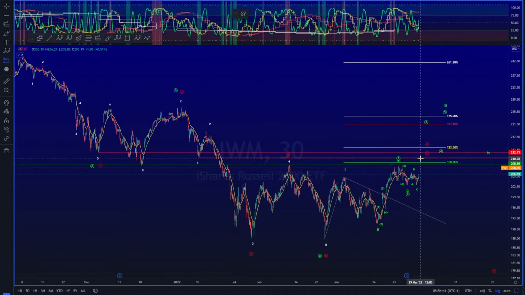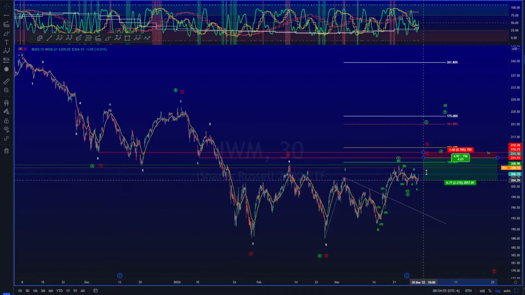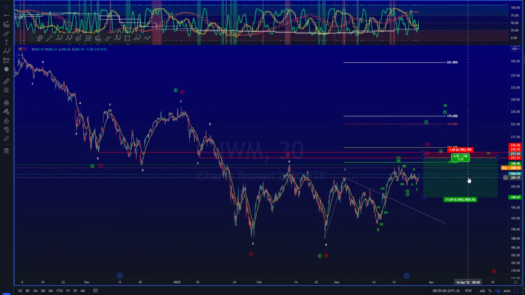Because look at your risk versus reward. If you do happen to get a short at 211, we don't want to see our wave structure go above this 213 level, right? Give it a little bit more. But you're looking at a pullback to potentially down here at about 199, maybe going back down to 200. So that's a 7.3 to 1 ratio, which is really not that bad.